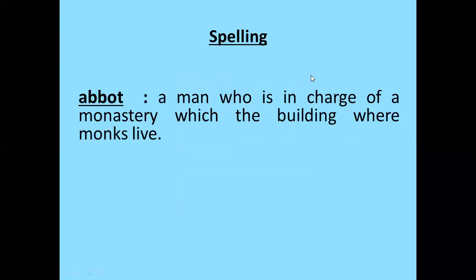Now, abbot: a man who is in charge of a monastery, the building where monks live. Monks are those men who live in the monastery, and they don't marry. What is the female of it?